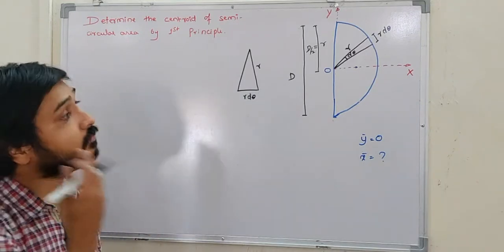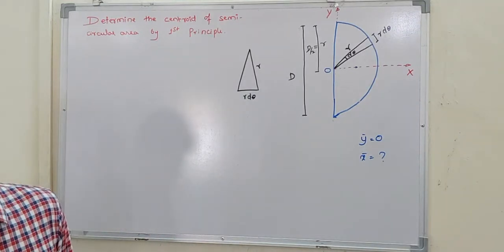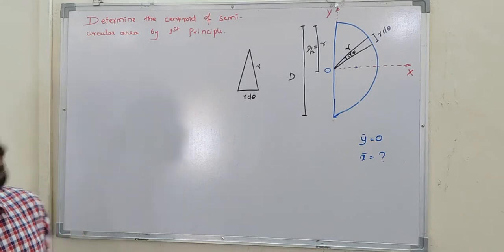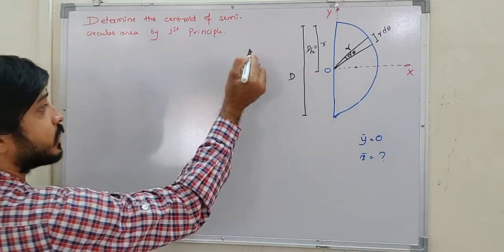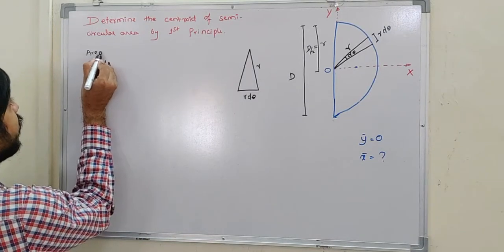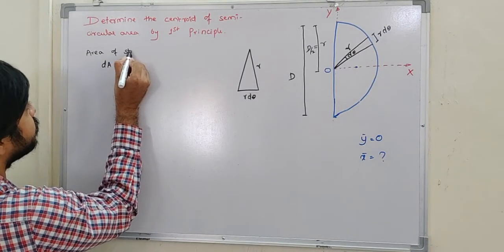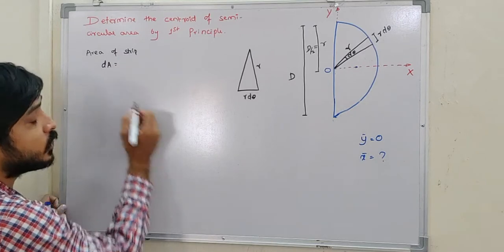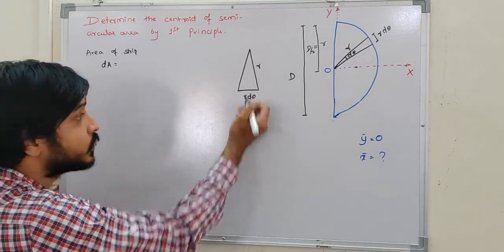Now what we have to do is first find the area of this small strip. So dA, the area of the small strip, is equal to how much? The area of a triangle. What is the area of a triangle?